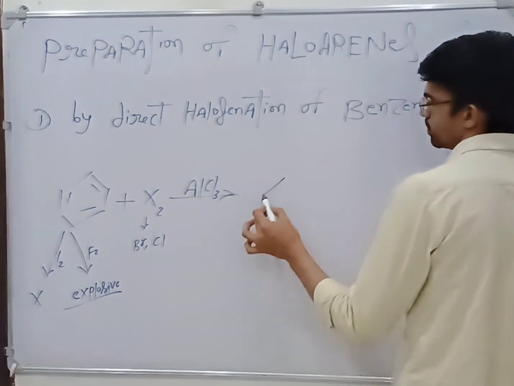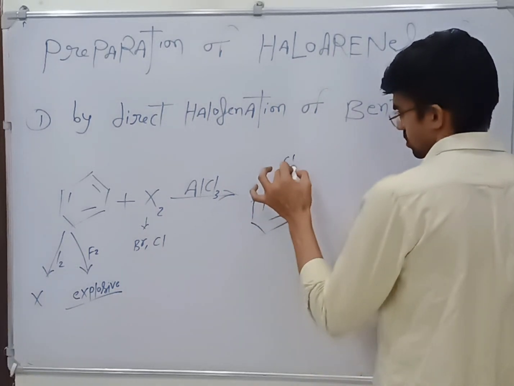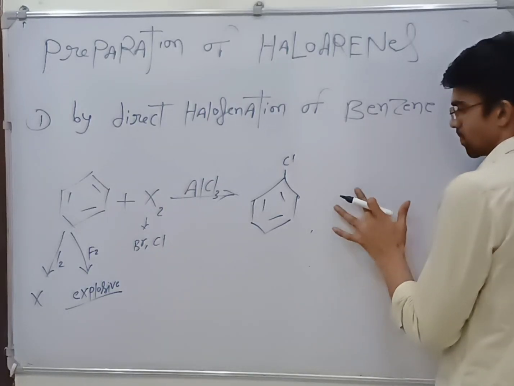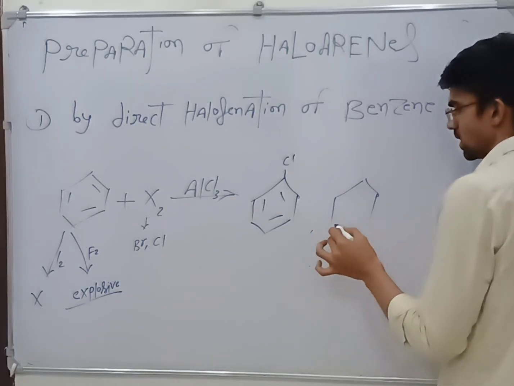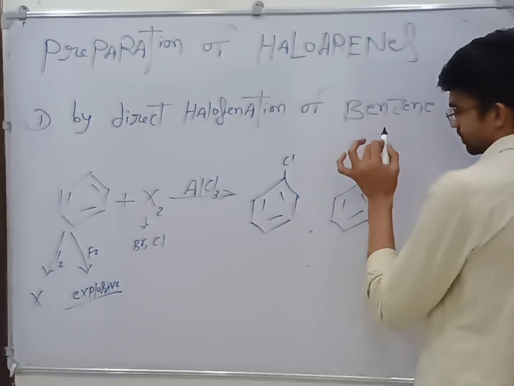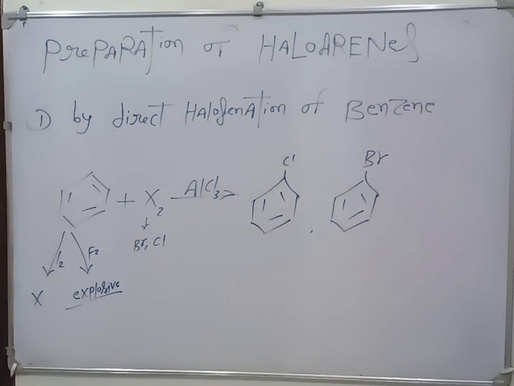It will form chlorobenzene or bromobenzene. This is the direct halogenation of benzene ring, and we will get the product haloarene.